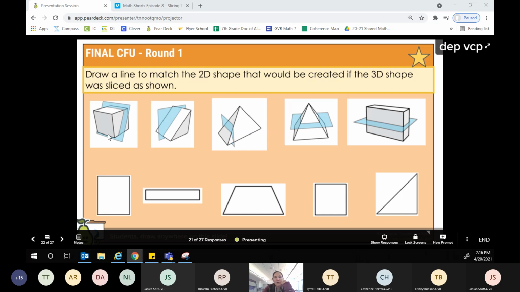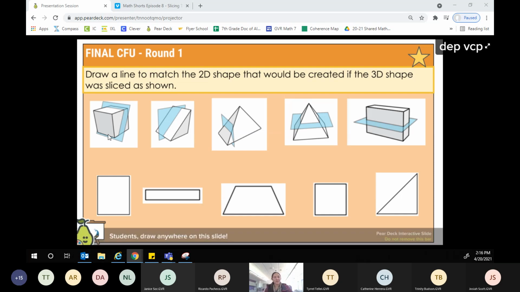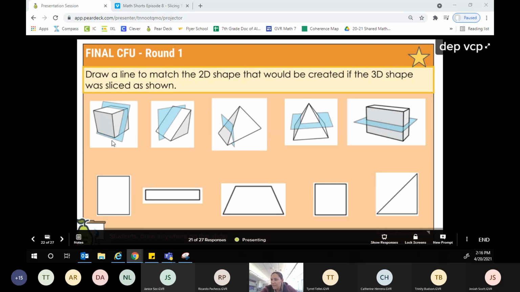But I'm not worried about what the two halves look like. Instead, I'm worried about the flat inside of the shape. So when you cut this and look at where the blue and the cube overlap, this would not make a triangle. So if you have this one going to the triangle, erase that, look again. That one is not the triangle.